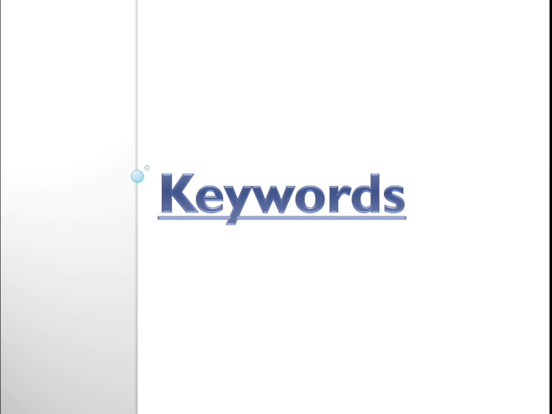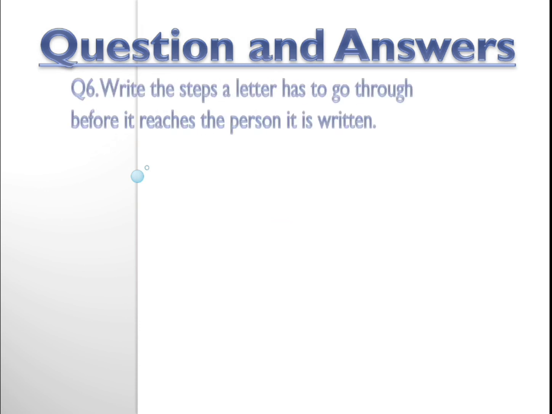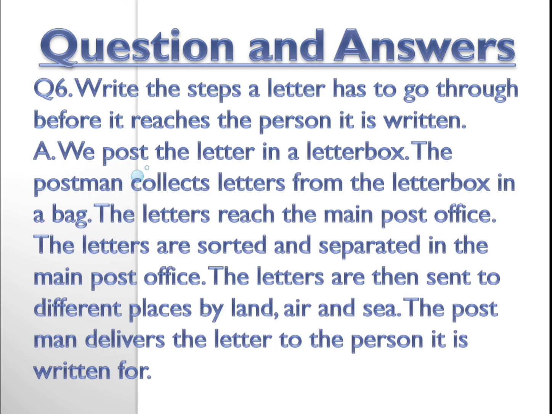Okay children. Now coming to your question answers: write the steps a letter has to go through before it reaches the person it is written to. We post the letter into the letter box, or post box you can say. The postman collects the letters from the letter box, or post box, also you can write it children. And he reaches the post office.